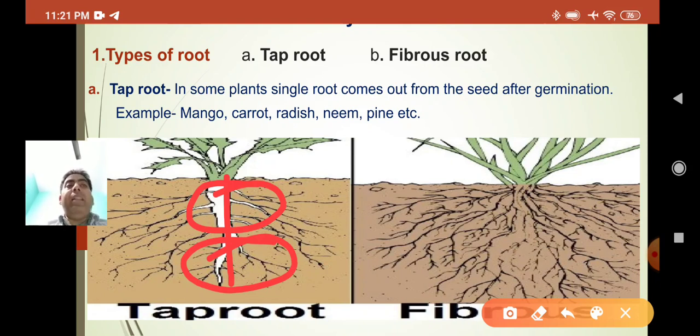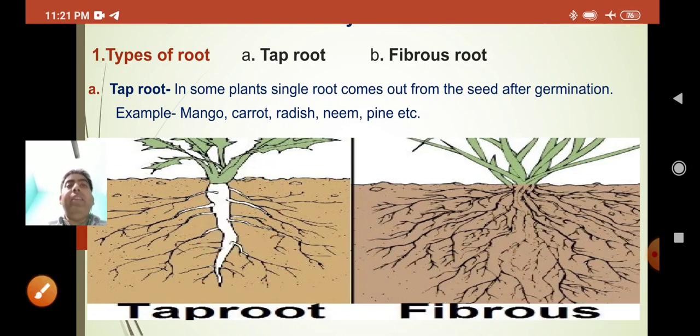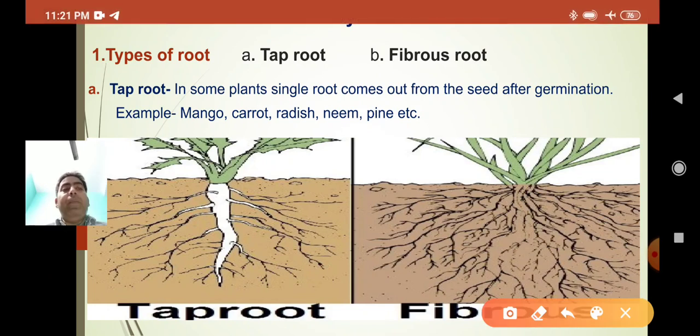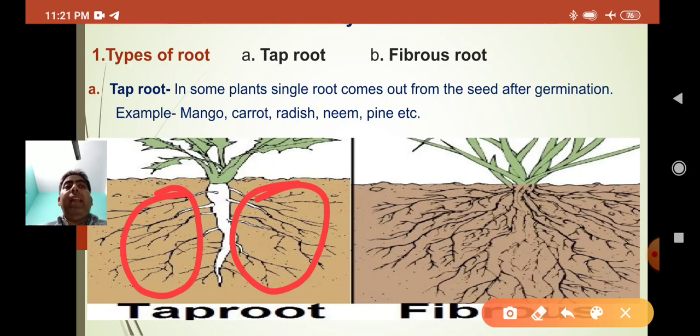The primary roots give out several branches in every direction. These are the primary roots. These primary roots arise from the main root, that is, the tap root.